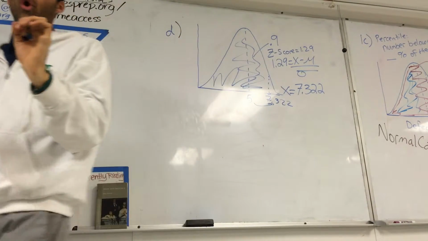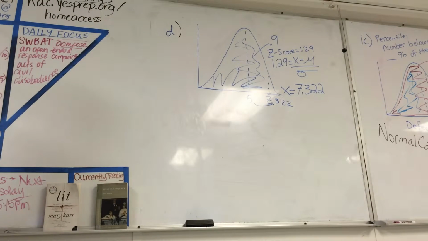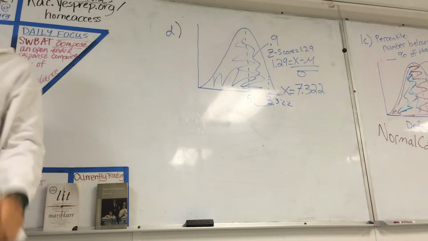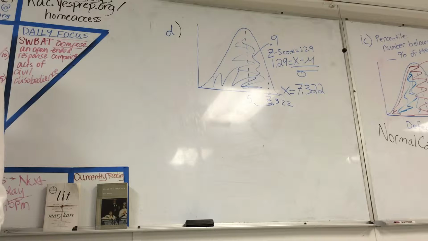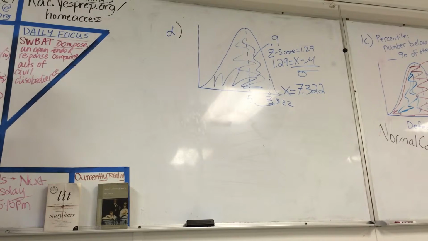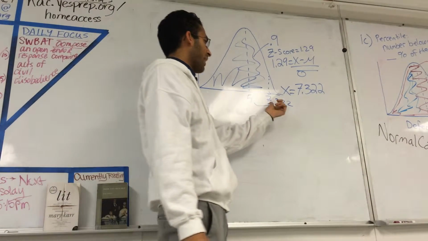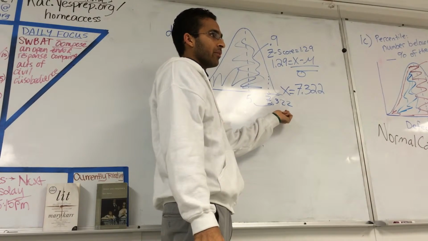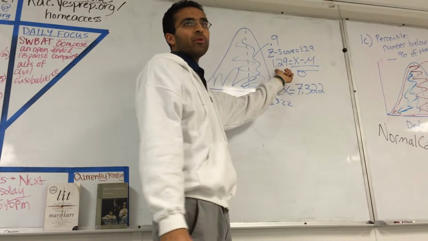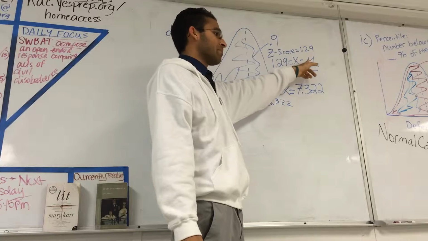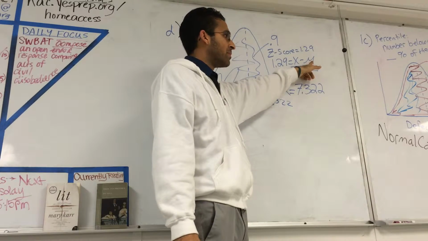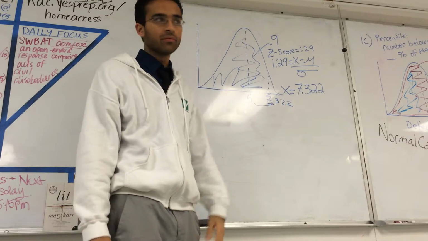That's the z-score. That says that 1.29 standard deviations above the mean is where we will have the 90th percentile. So I set 1.29 equal to x minus mean divided by standard deviation.